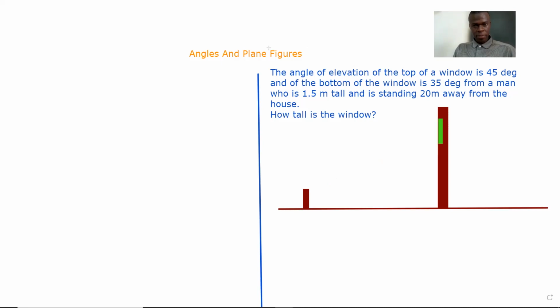So let me make my lines yellow. So that gives me the angle of elevation and the other one, the angle of elevation to the top of the window. And the best thing is we have a few distances known. We know that from there to there, it's known.